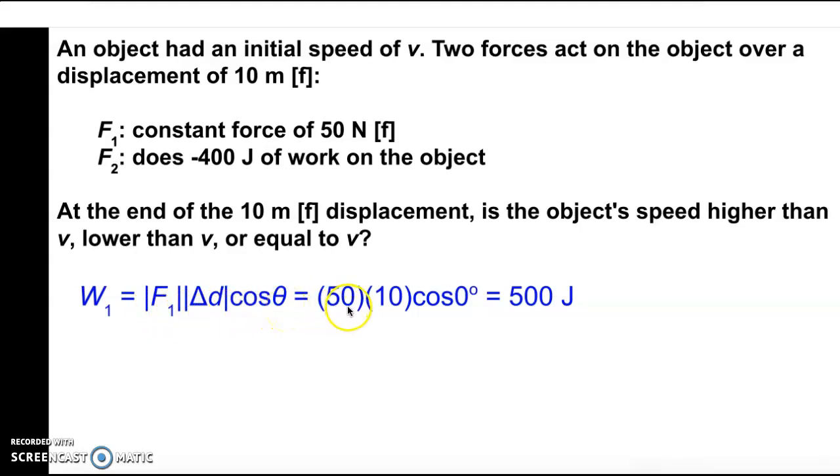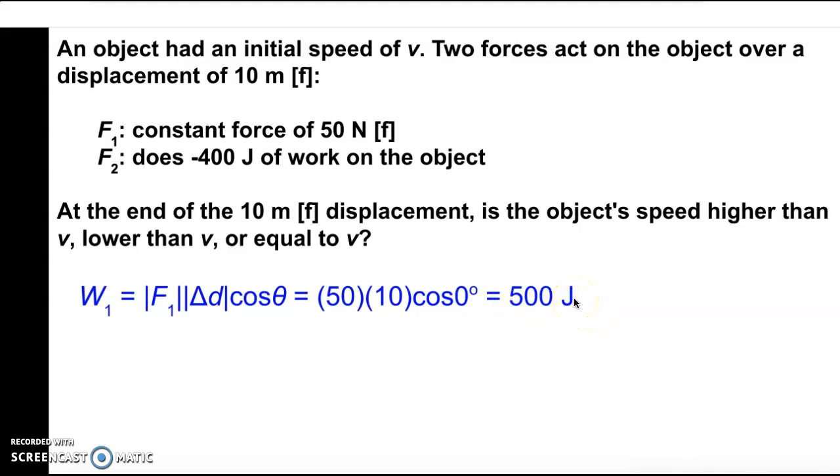That's 50 newtons times 10 meters times cosine of 0 degrees, because the angle between forwards and forwards is 0 degrees. They're in the exact same direction. So it's 50 times 10 times 1, which is 500 joules.